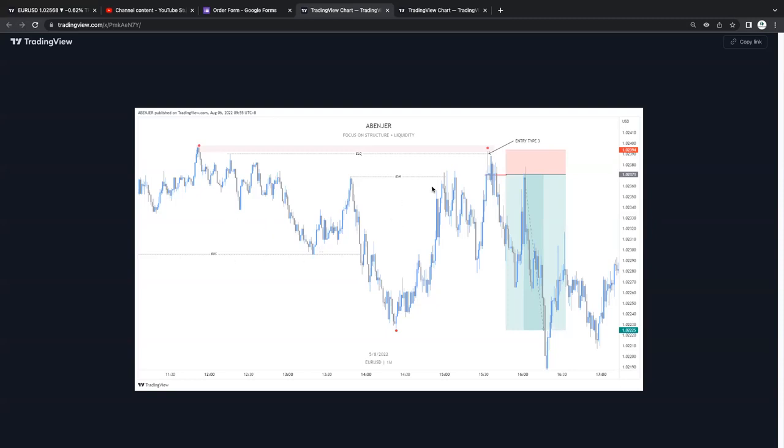Break the structure, taken out the inducement, entry type 3. Actually, entry type 3 means when the market sweeps the major high or low. So this one is also called entry type 3.